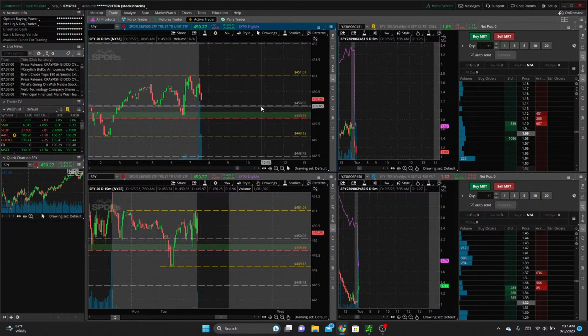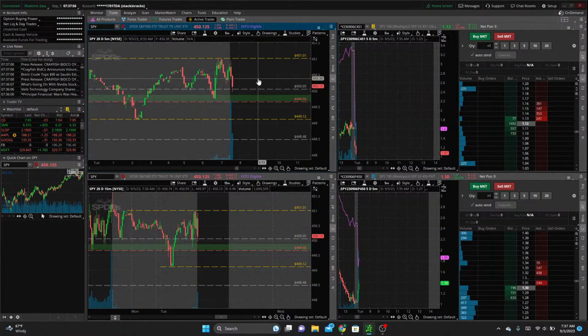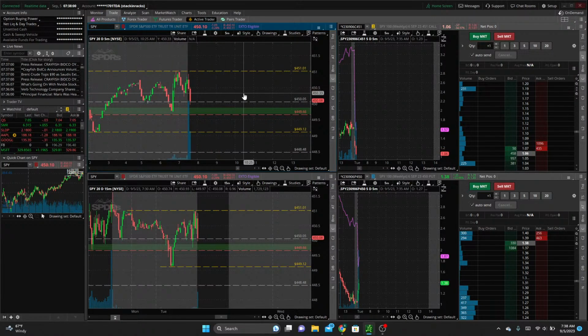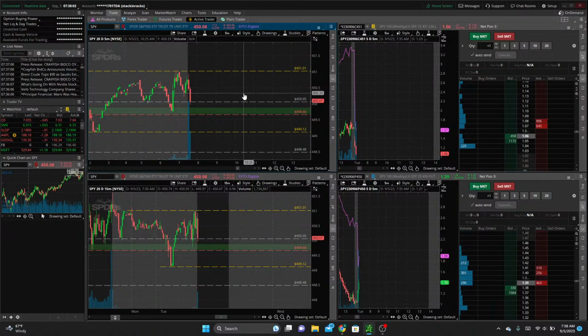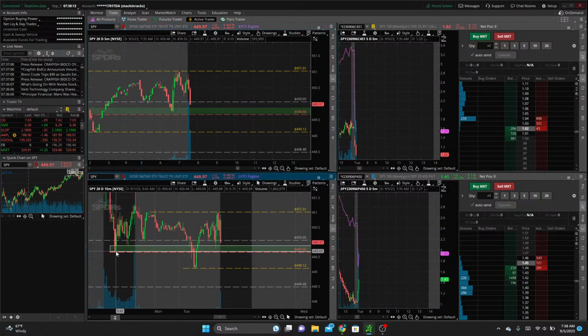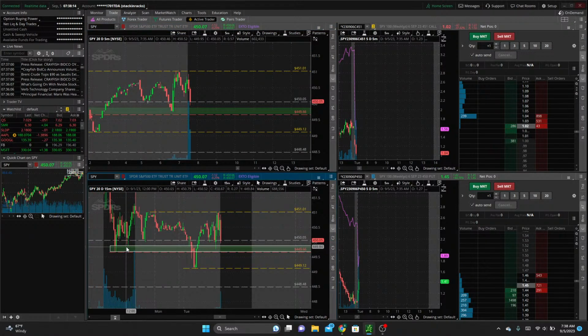It looks like we're holding that 450 pretty well. We dipped a little bit into this area and we've been pushed up. Really curious to see if this zone holds.